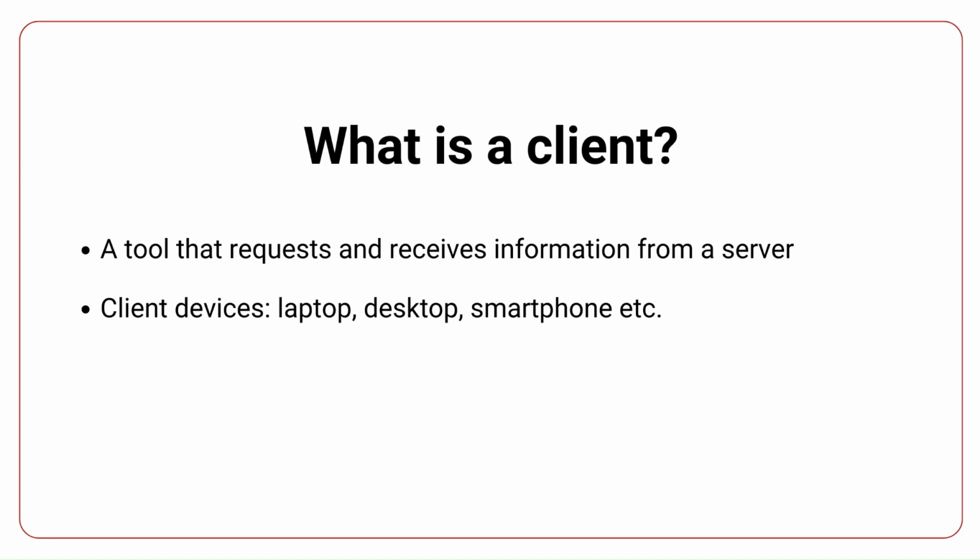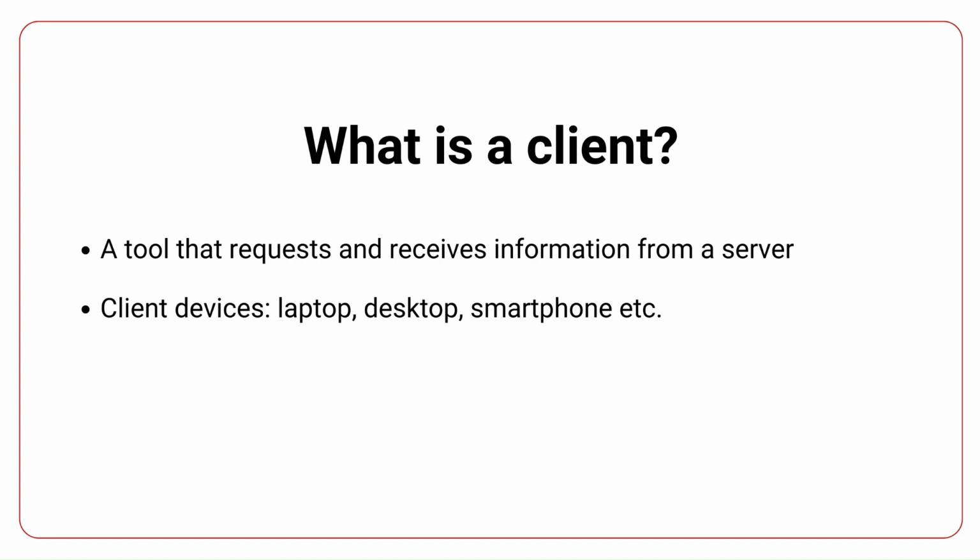An example of a client is a web browser, as it requests and receives information from a web server. Clients, such as web browsers, can be found on client devices. Examples of client devices can be computers, such as laptops and desktops, mobile devices, such as smartphones, tablets, smartwatches, etc.